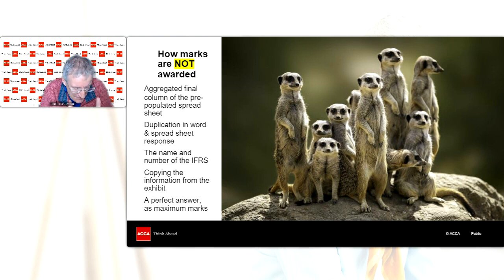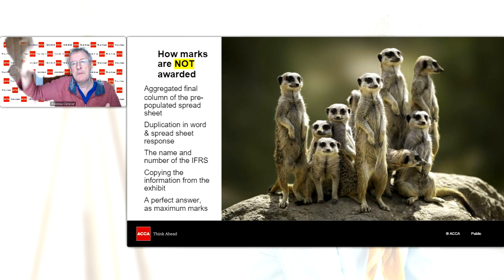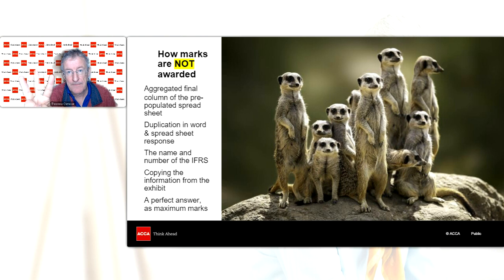If you're discussing the advantages of sustainability reporting, the model answer may give 5 or 6 different advantages and say 1 mark per valid point, but it will be to a maximum of 3. So if you give 4 valid points, you do not get 4 out of 3. Okay?